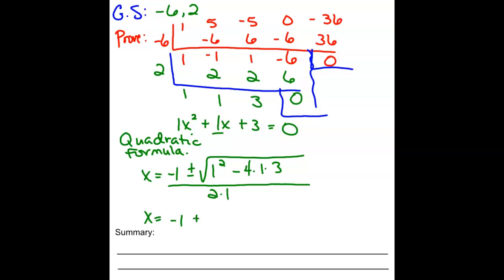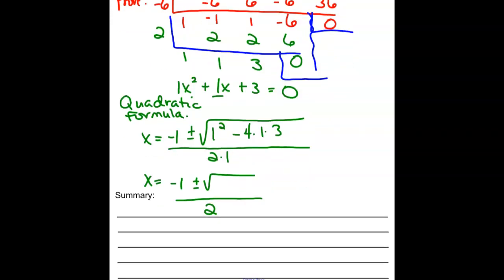So negative 1 plus minus our square root all over 2. Inside our square root, that discriminant piece, we have 1 squared, which would be 1. We are subtracting 4 times 1 times 3, so we're subtracting 12. So negative 1 plus minus the square root of negative 11 all over 2.